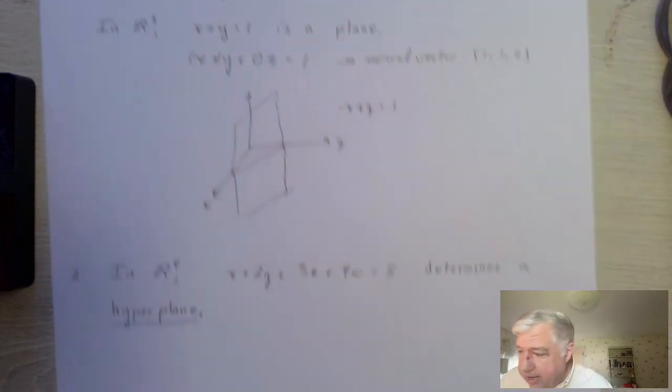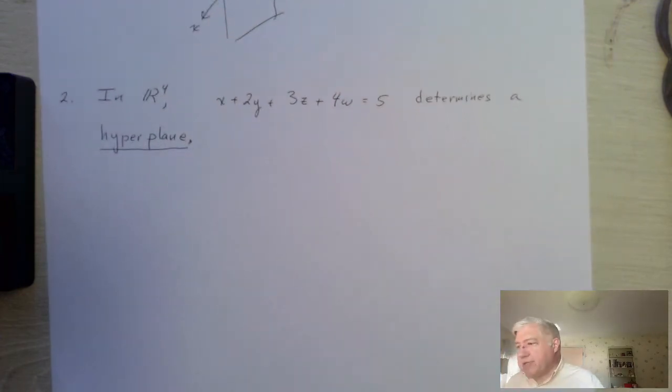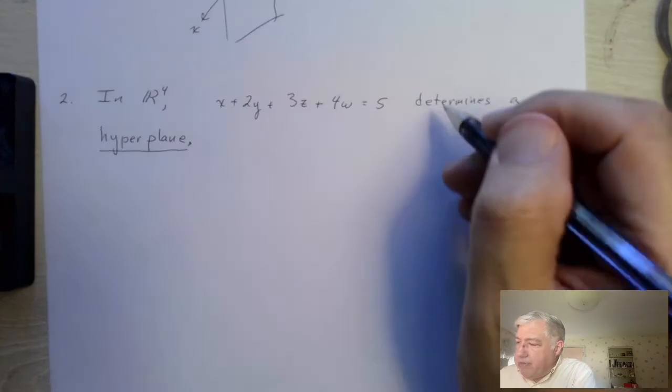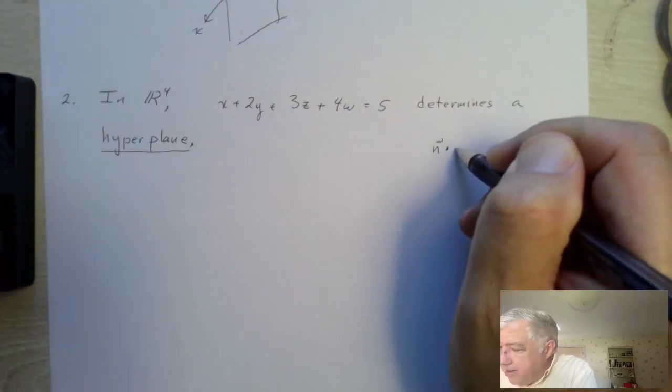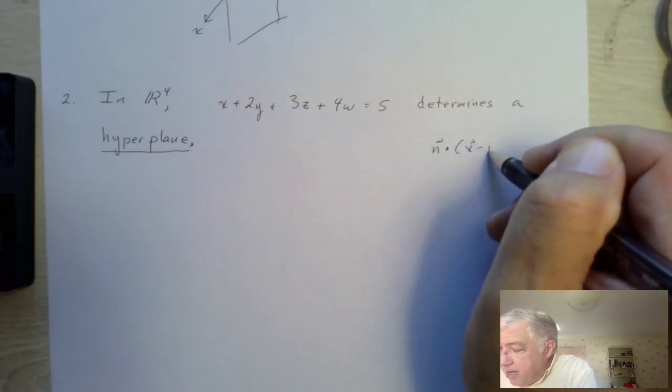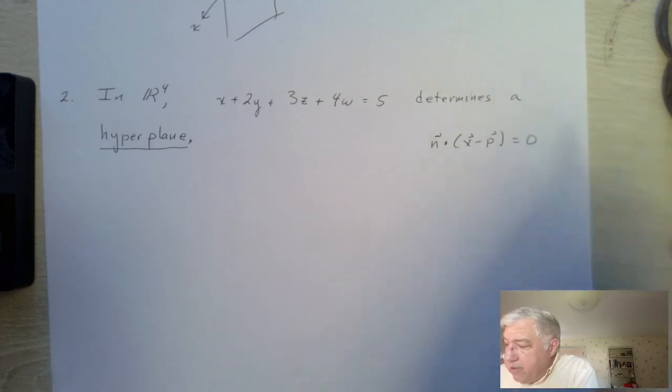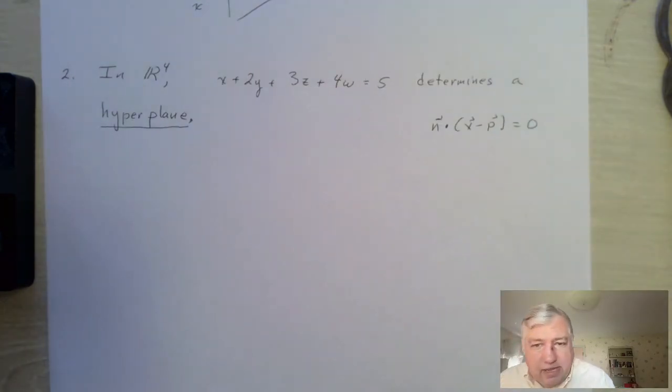Then the last thing here is we can do this in any dimension we want. You know, this equation n dot x minus p equals 0 makes sense in any dimension as long as n, x, and p have the same length, right?